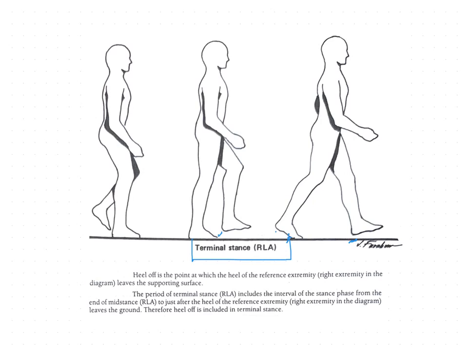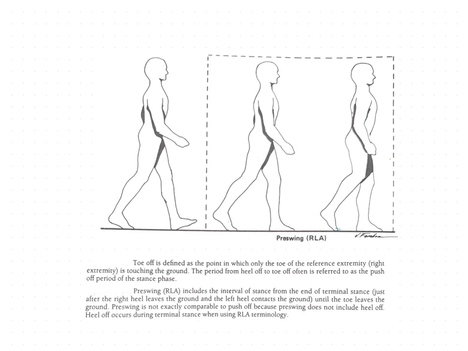This toe off point is also referred to as pre-swing phase in RLA. So RLA describes this toe off as pre-swing, the period from just following heel off to toe off. This is the period between the heel off to toe off, that is called as pre-swing.